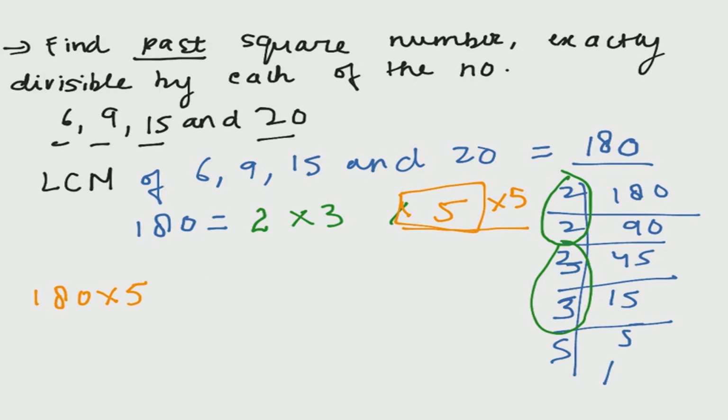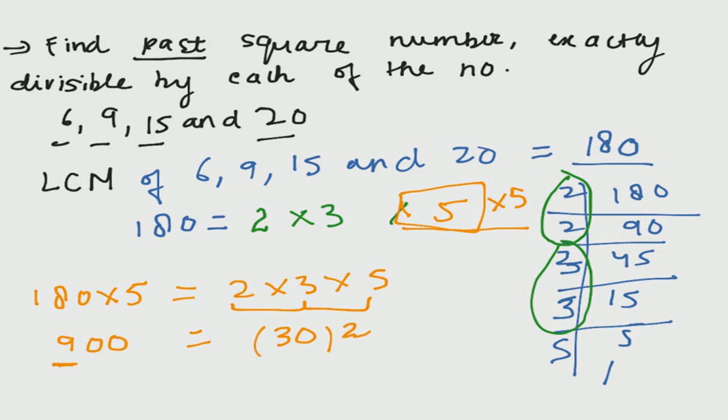That will come as 2 times 3 times 5, right? 2 times 3 is 6, 6 times 5 is 30, and it gives us 900. It means 30 square is 900, and 900 is a perfect square. So the least number that is divisible by all the numbers 6, 9, 15 and 20 is 900.